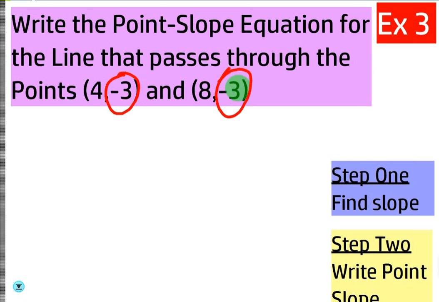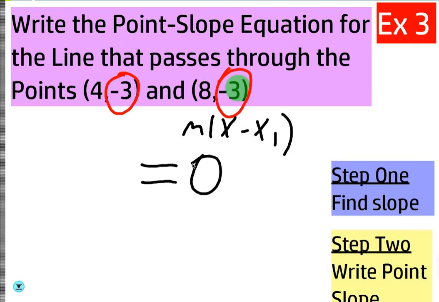Because we've already done this yesterday, we know that the slope is going to be 0. So that whole right side of the equation that has the m times (x minus x1), if the slope is 0, the whole thing's going to become 0. The only thing you have to do is y minus your y1 value, or y2 value, it's the same thing.